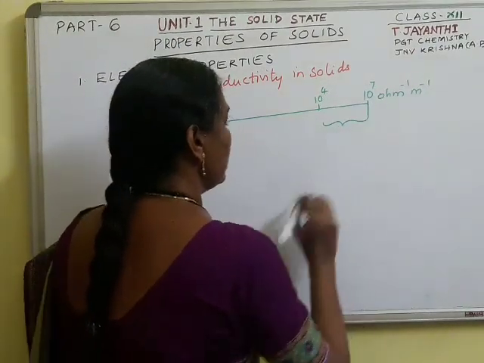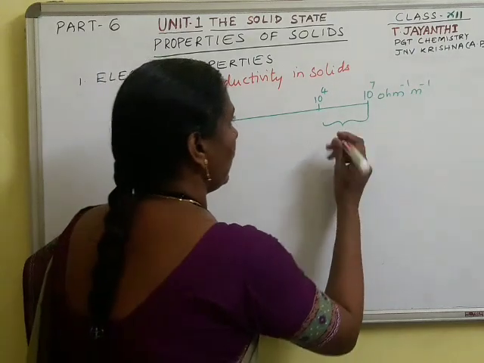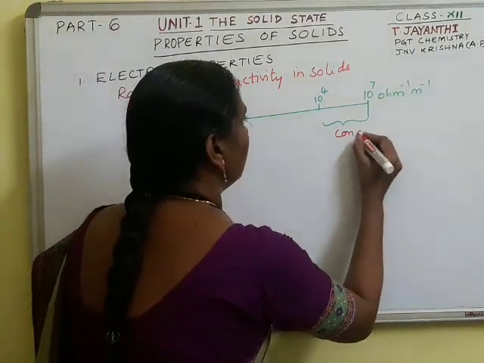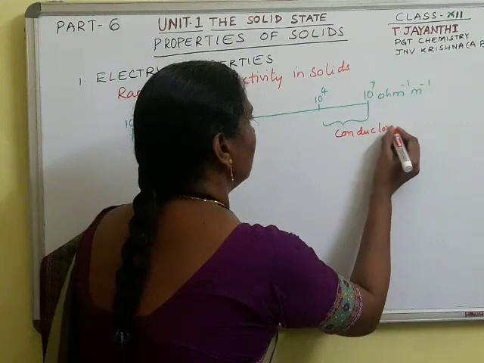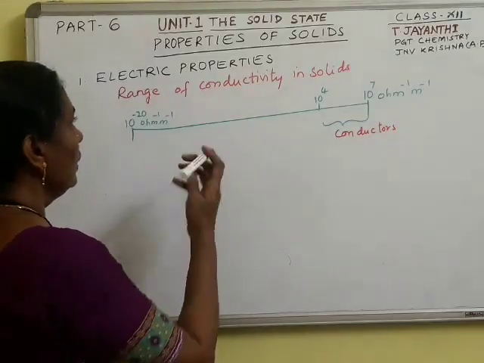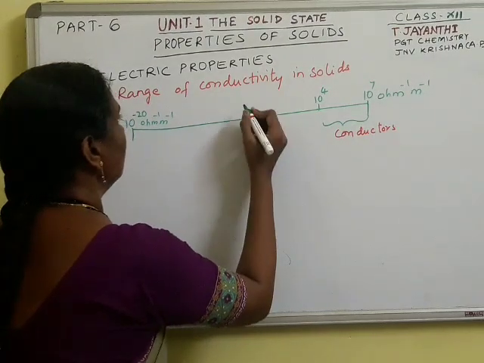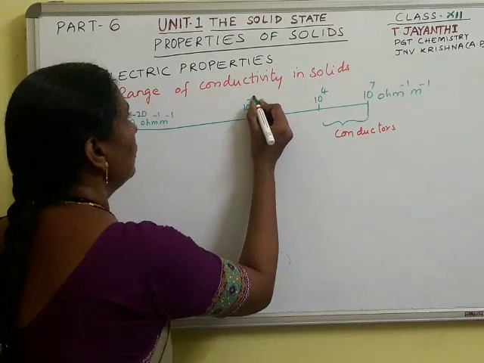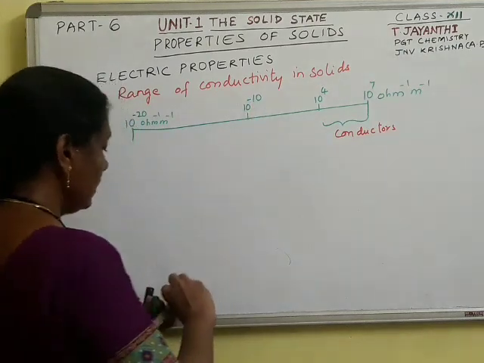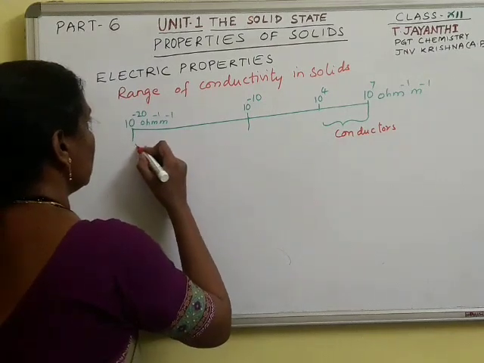This range is for conductors. And for insulators it is up to 10 to the power of 10. This range is for insulators.